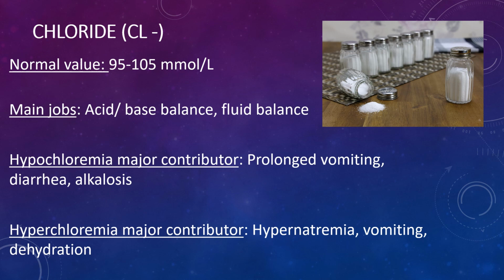Where sodium goes, chloride goes. And then vomiting and dehydration. Basically vomiting and severe dehydration would lead to a state of hemoconcentration where sodium would be elevated. So naturally chloride would be elevated in those states also.